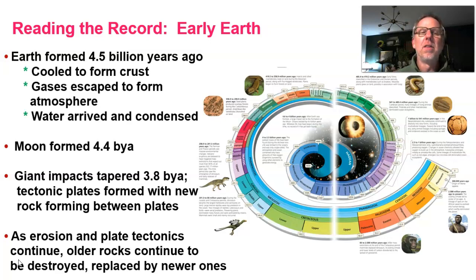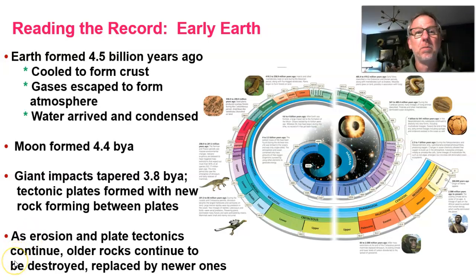So the farther back we go in Earth's history, we find fewer and fewer old rocks. They've been destroyed by various geologic processes. So we don't have much left from the earliest days of our Earth. In fact, as I said above, we don't even have rocks that date back to 4.5 billion years ago. The oldest ones, I think, are about 3.8 billion years ago.